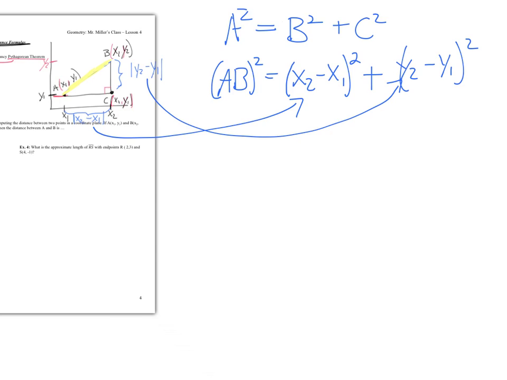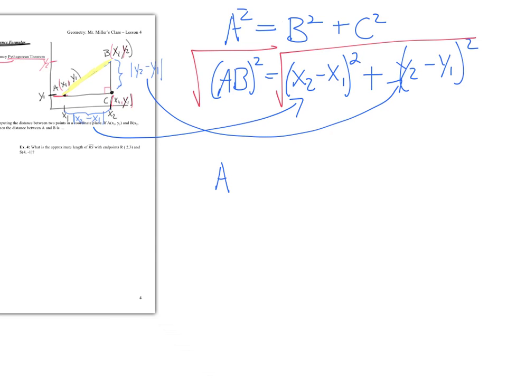So if we look at this, now we have something that looks like our distance formula, and it's part of the Pythagoras theorem. The only thing left is to solve for AB, and if we wanted to write this, we'd want to square root it. So we would square root both sides in order to undo the squares. And specifically, it just undoes this first one.